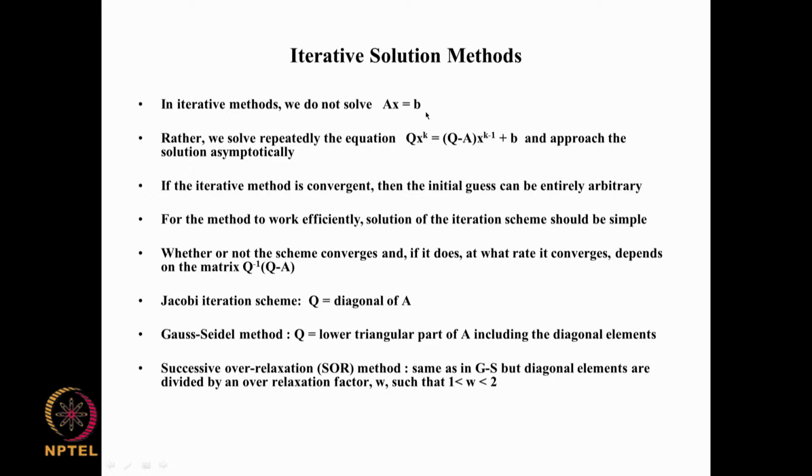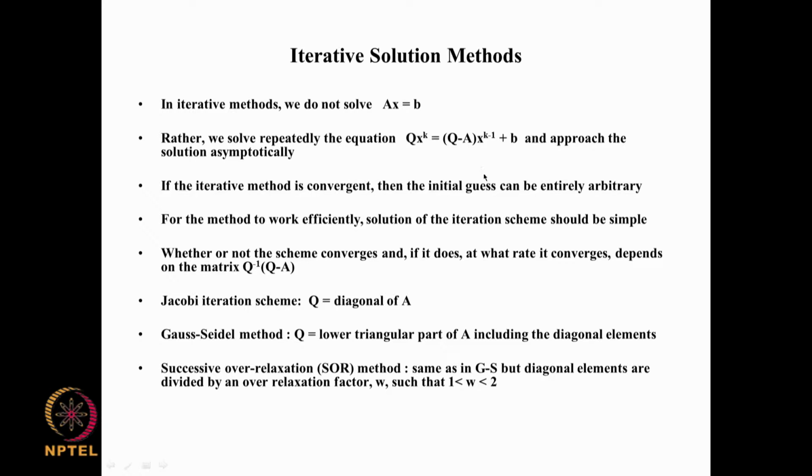So, in that sense we are going on a different way of solving this equation, an indirect way of solving this equation, and that too we are solving this equation iteratively many times, and despite this apparently roundabout way of doing this, this actually turns out to be more efficient than Gaussian elimination method or LU decomposition method for a class of problems, and this is very widely used for a number of reasons in CFD type of calculations.